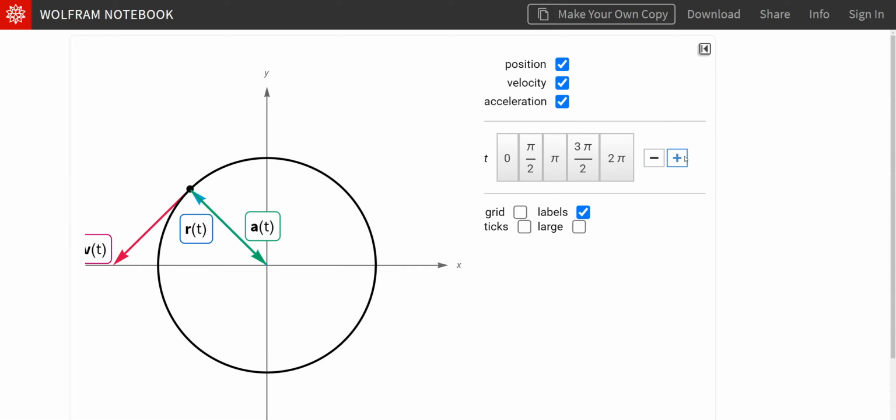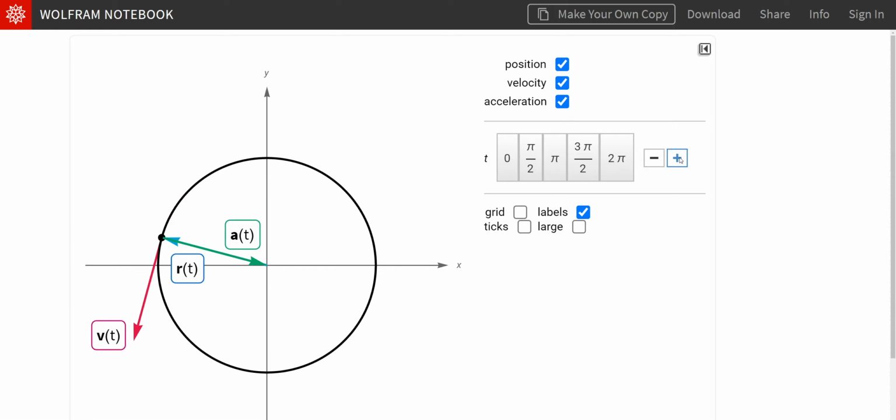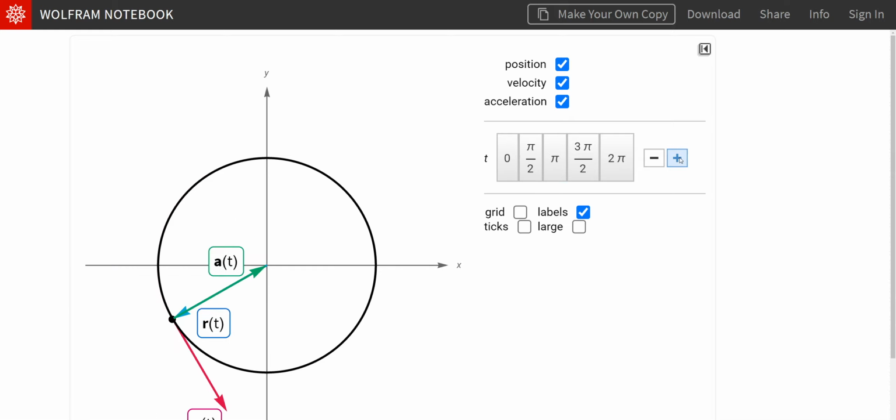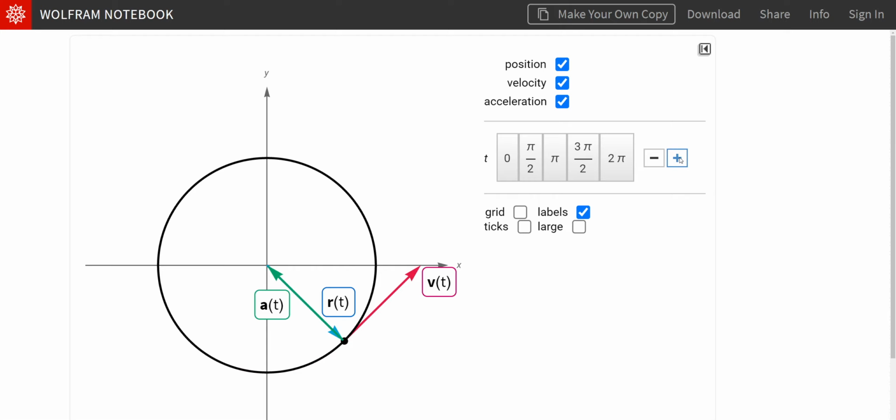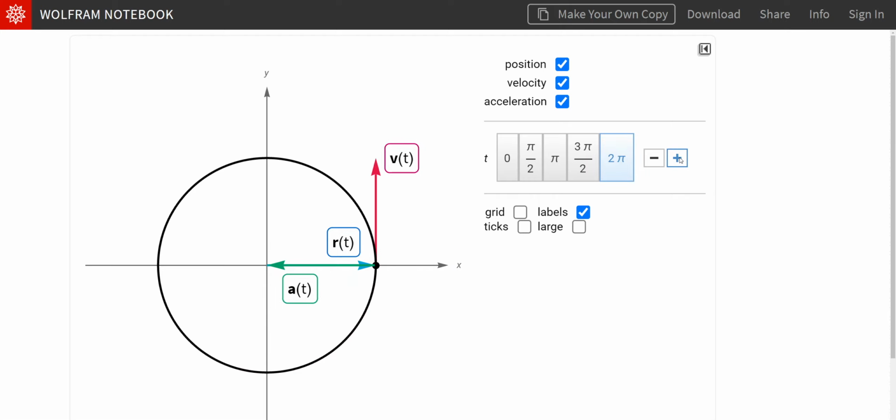It's still the case that velocity is perpendicular to acceleration and position and acceleration are parallel to one another. Acceleration is always pointing inward towards the origin. And velocity, as you can see, the magnitude of the velocity is staying the same throughout.